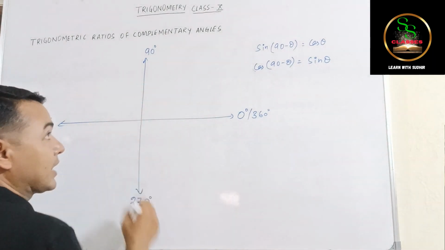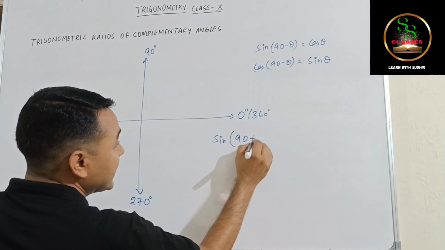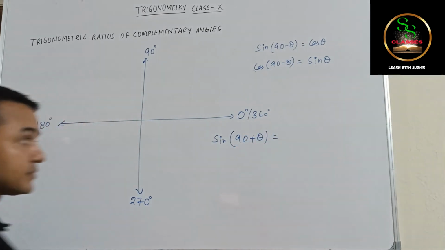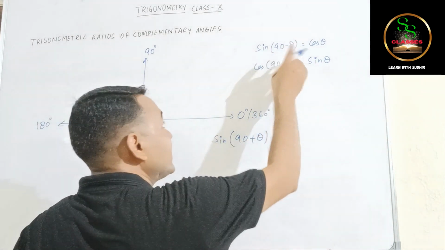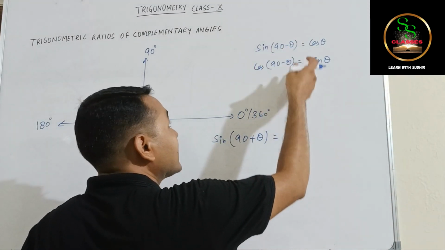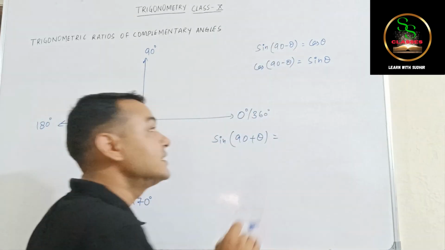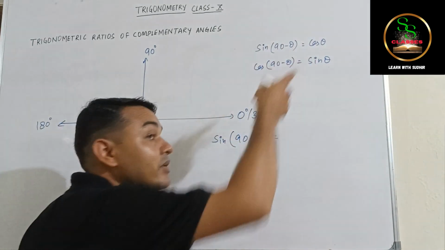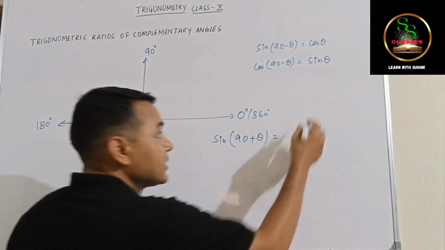Now what will happen if we change the angle to 90 plus theta? As we all know, when we are changing any trigonometric ratio with the 90-degree angle, sin will become cos and cos will become sin.